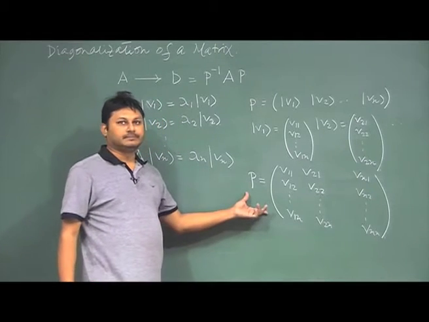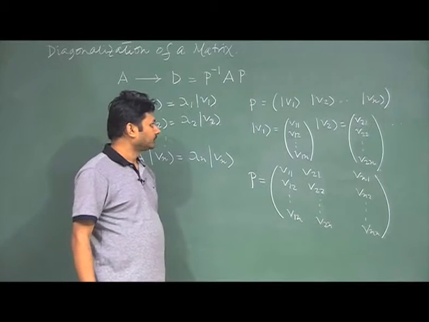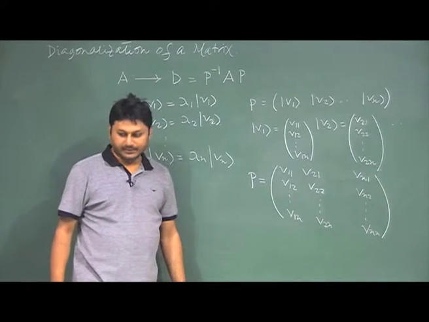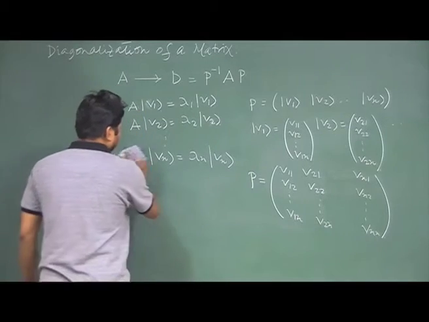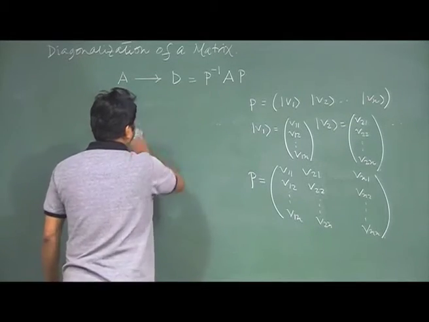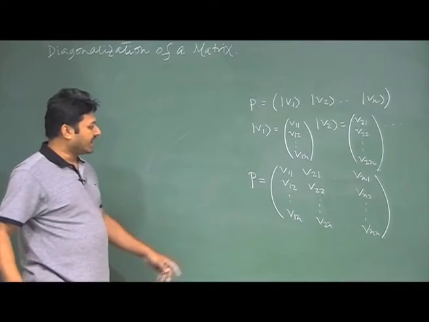So, this is my P, formed by the eigenvectors.